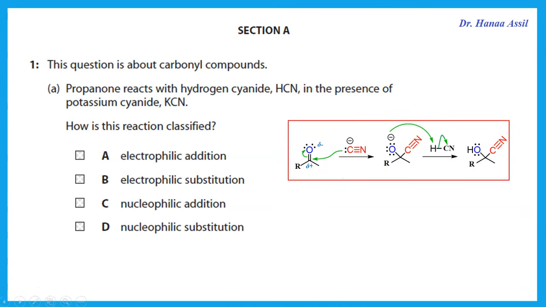Now, this is called a nucleophilic addition. Any reagent that has a lone pair of electrons that can attack a slightly positive carbon is a nucleophile. The cyanide is added, so this is nucleophilic addition.